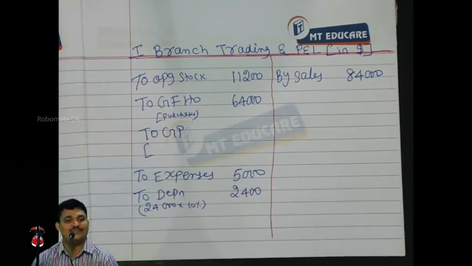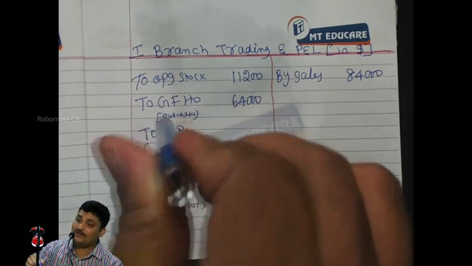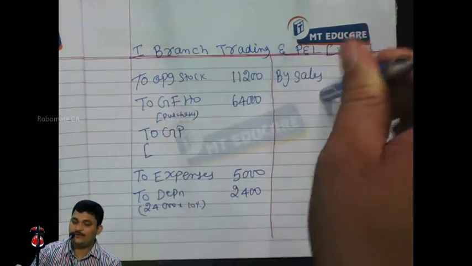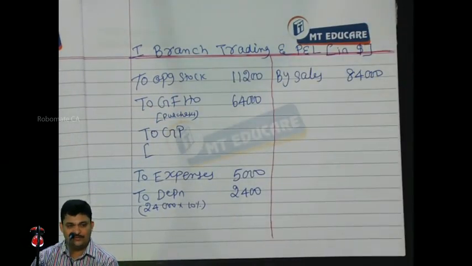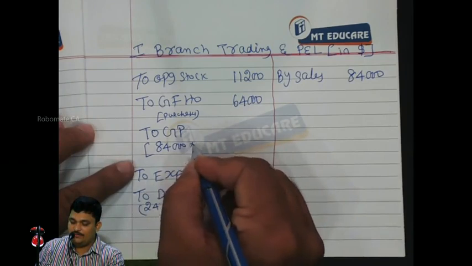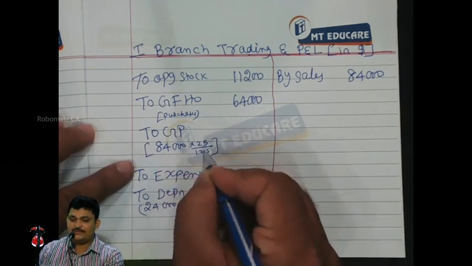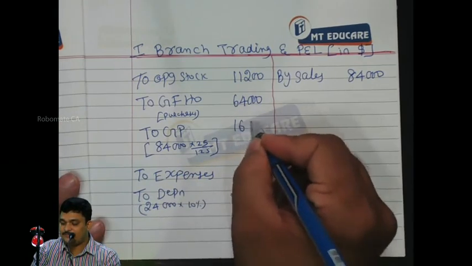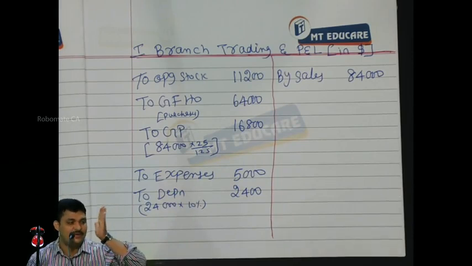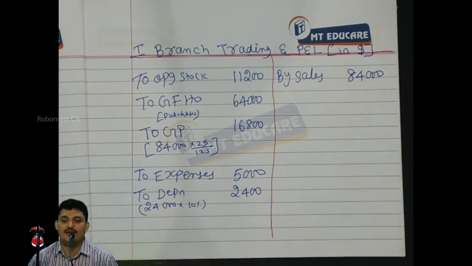What is the gross profit of the branch? 25% on cost, correct? 25 by 100 on cost equals 25 by 125 on sales. Could you appreciate that? So thereby 84,000 into 25 by 125, 16,800. Sir, 25 by 100 on invoice price? No, first of all, invoice price is something you don't bring here. It is actually the cost price of the branch. On that cost price, 25 by 100.